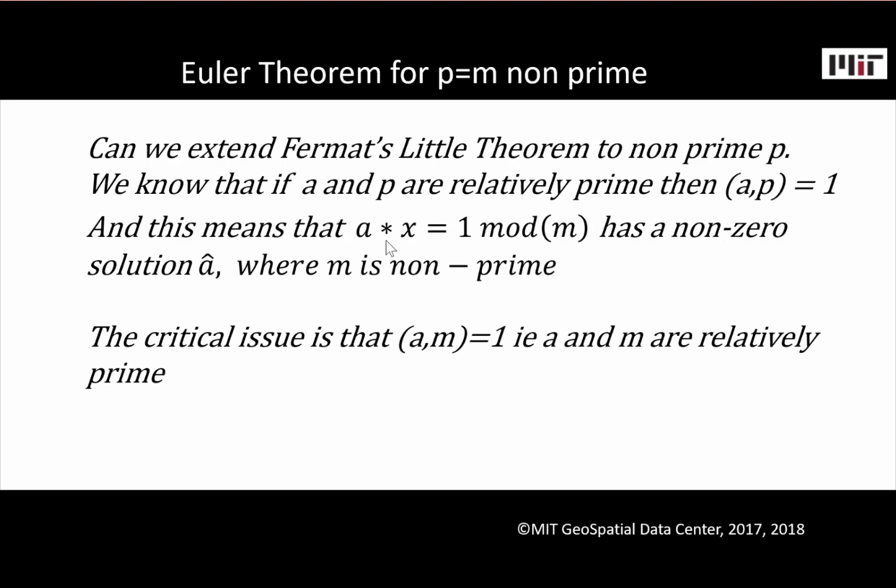If there's a common factor, we can't have this a times x equals 1 mod prime. But if there's no common factor, then this can be true. Here I've put an m instead of a p, but even when this is not prime, we can solve this. Okay, so just remember that.